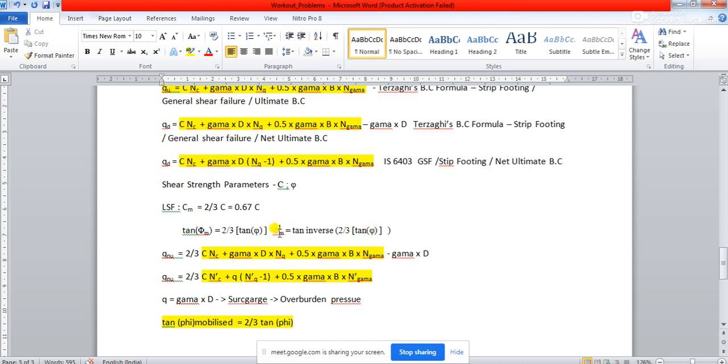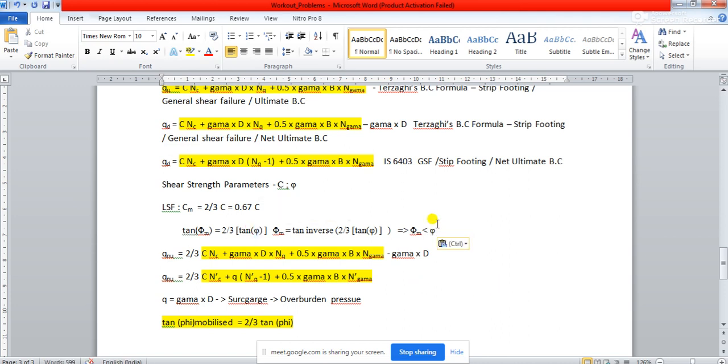Through this, when you get the value of phi m, you will obviously notice that the value of your phi m is going to be less than the value of your phi.